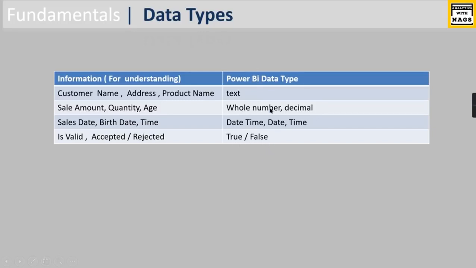So a very limited data type set. For text it's free text, or general. For date and time, there are three: either date time, or separately date and time. For boolean, you have true and false. So these are the data types supported in DAX.